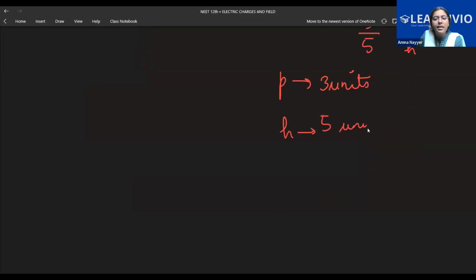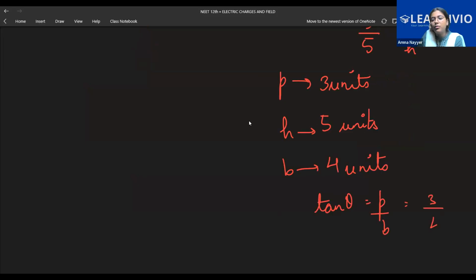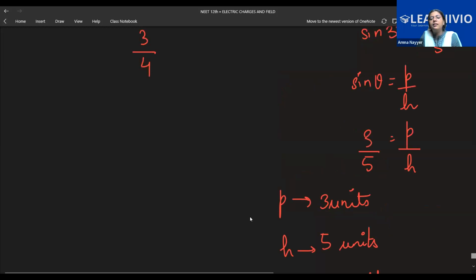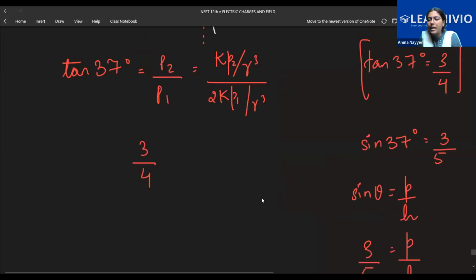The missing part is from your Pythagorean triplet, so your base will be 4 units. And tan theta is perpendicular by base, so from here I have got 3 by 4. Just because sine 37 was given, tan 37 or cos 37 can also be calculated. So tan 37 is 3 by 4.